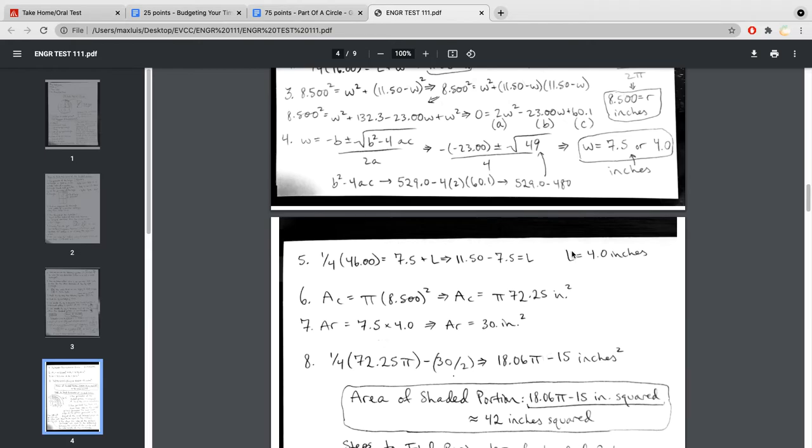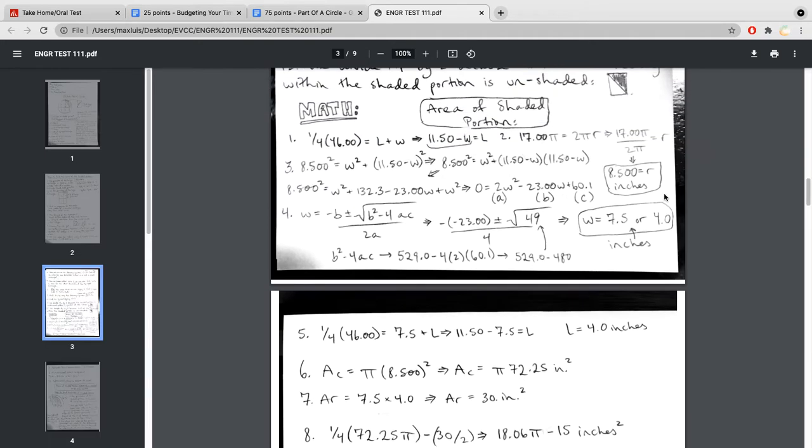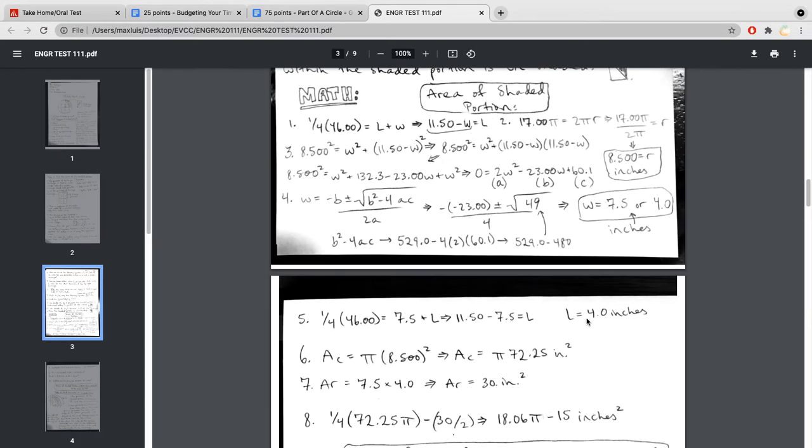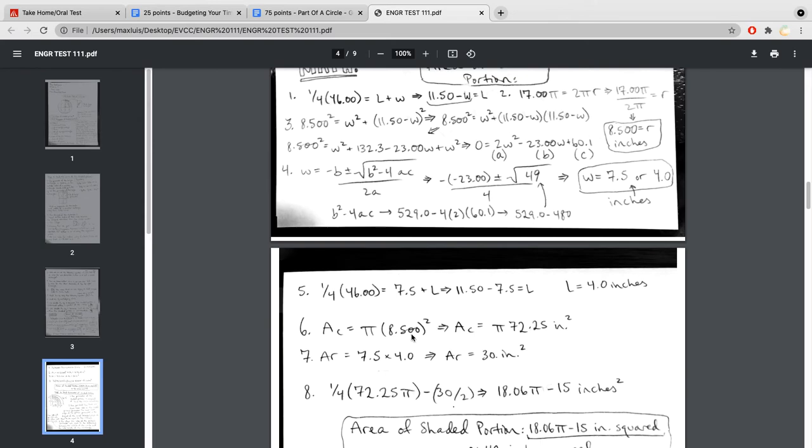This makes sense because this equation is telling us that width could be either one, and in this equation, same thing. If we plugged 4.0 in for width, then the length is equal to 7.5. In this problem, it doesn't matter which one is 7.5 and which one is 4. It's important to note that they should add up to 11.5 in the end.